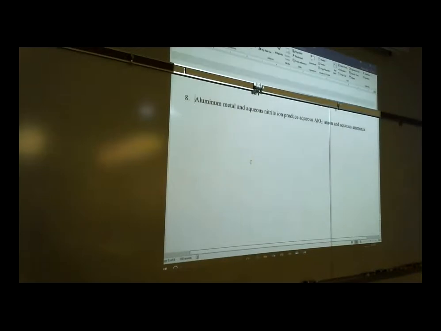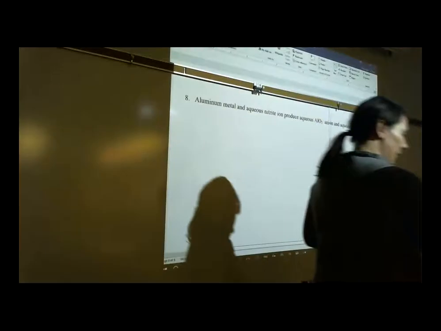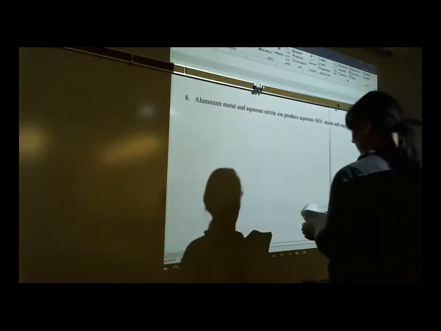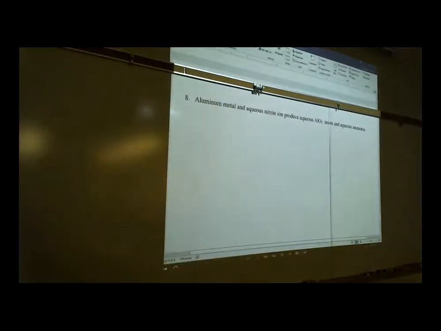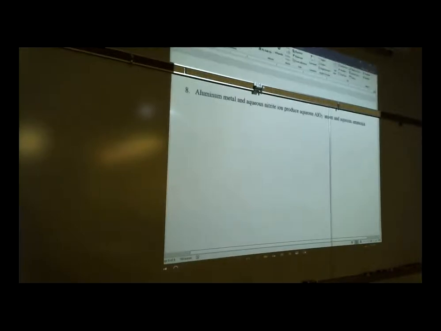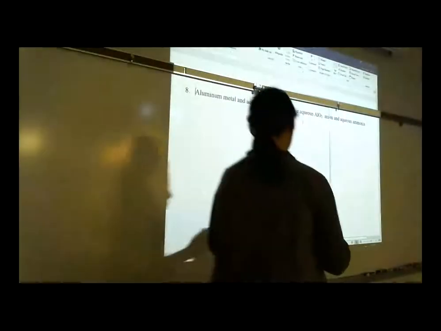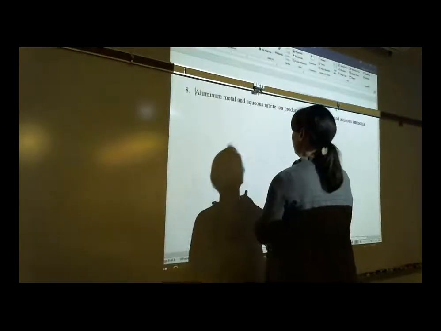We've got aluminum metal and nitrite, and I'm making an anion and ammonia. So, give myself as much room as possible. Okay, that's as high up as I'm going to get. All right.